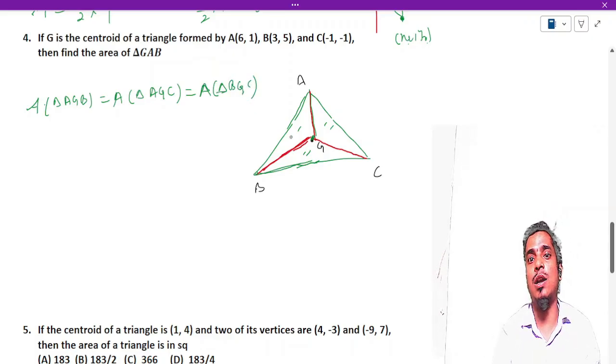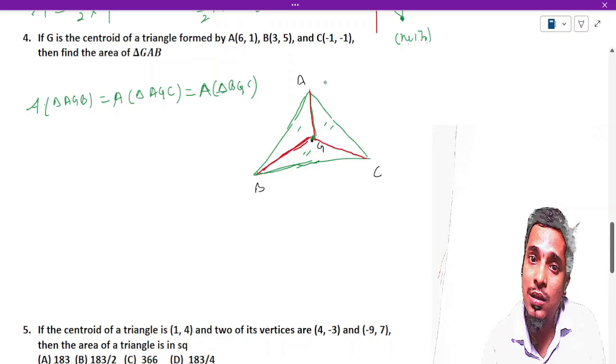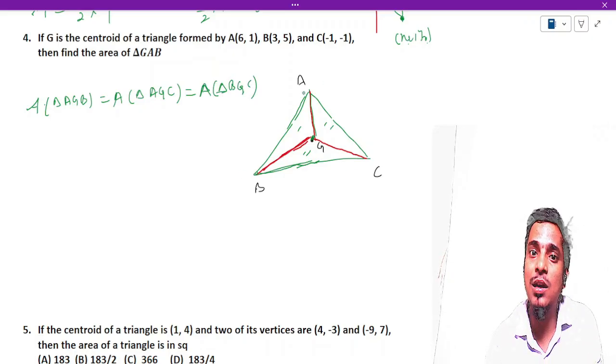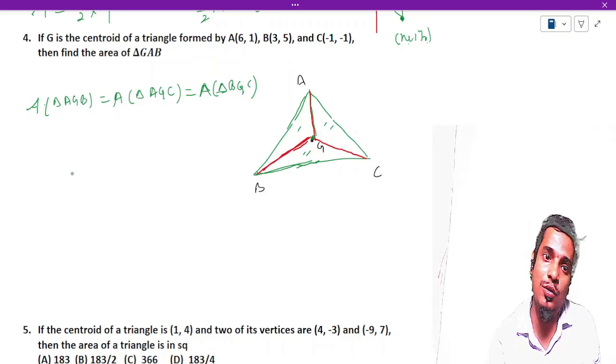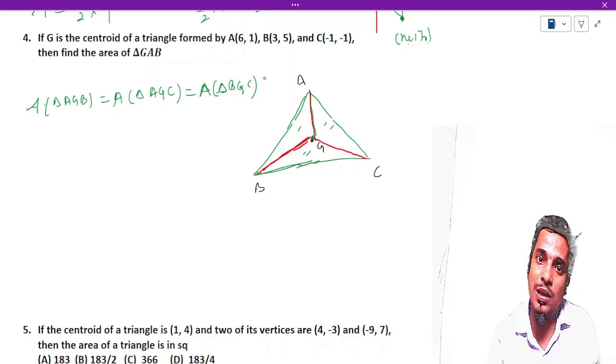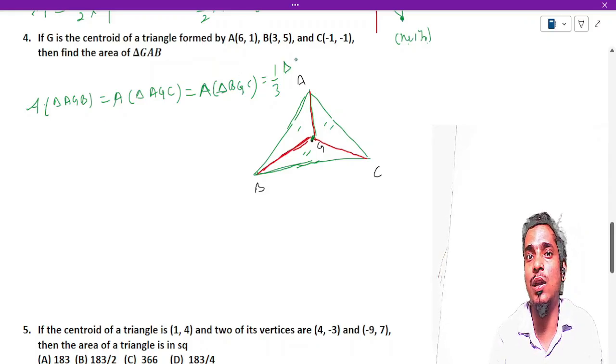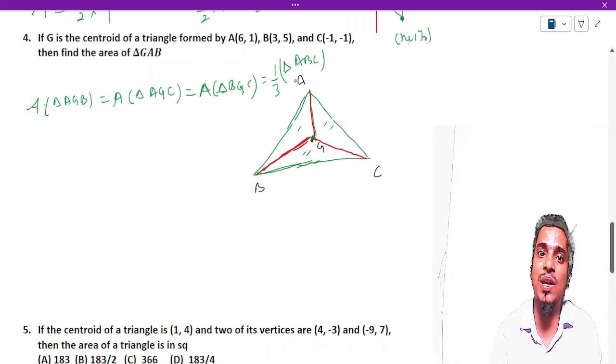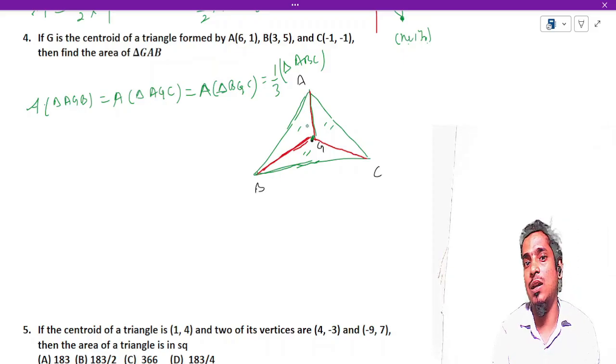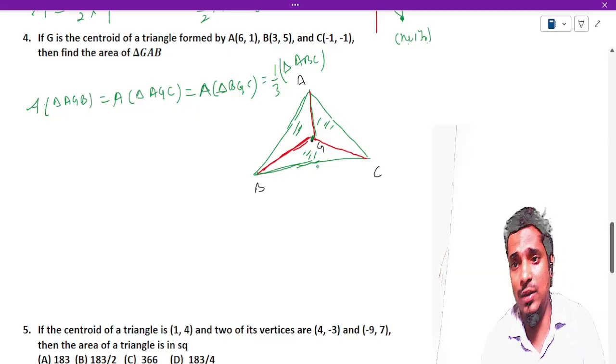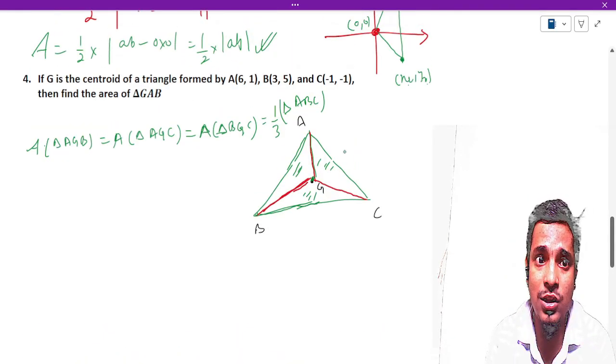So these three triangles' areas will be equal, and the bigger triangle ABC is nothing but the sum of all these three. So we can say that each of these is equal to 1 by 3 of the area of triangle ABC. So one third of triangle ABC is the area of each smaller triangle. With this concept, we can solve these questions.